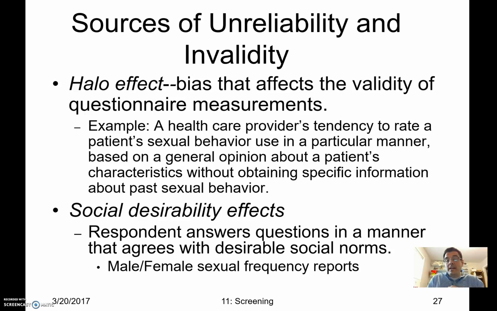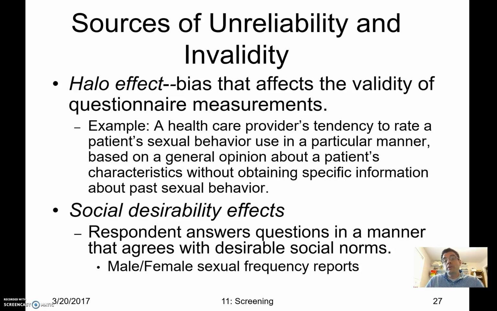So if you have a patient that walks into a clinic, and you then base a general opinion about the patient's characteristics without even obtaining any specific information about past sexual behavior, for example, if a patient walks in dressed a certain way, there is the potential for bias to be introduced, and that's called the halo effect.